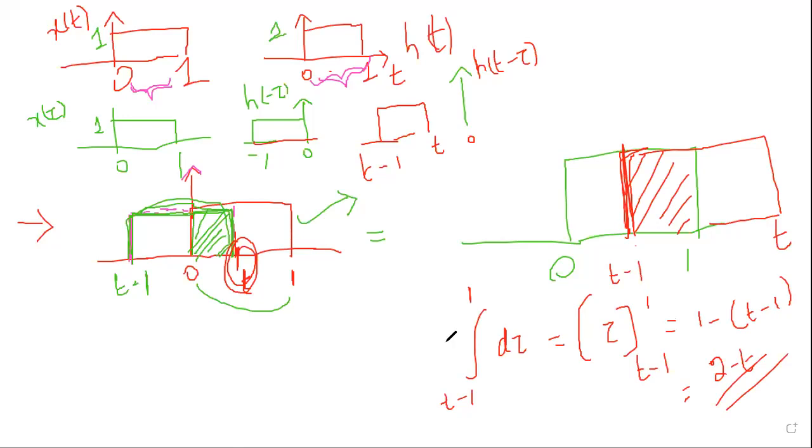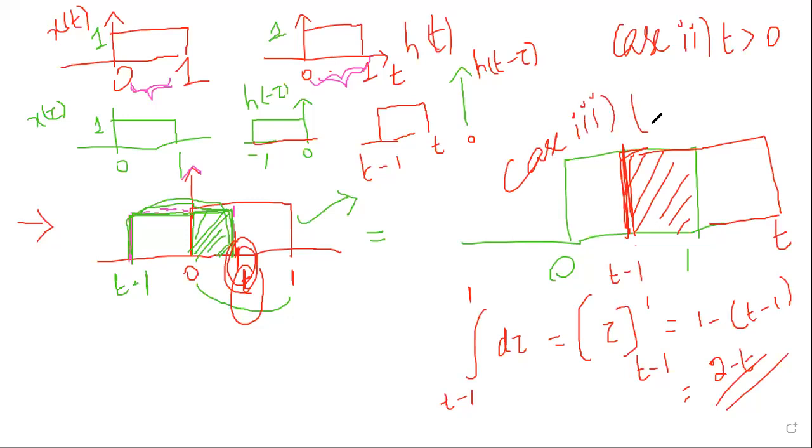We have not discussed the condition here. Case 2 was t greater than 0. Case 3 is t greater than 1. And the basic case is t less than 0. These are the 3 cases.